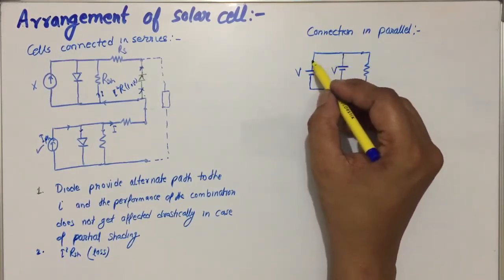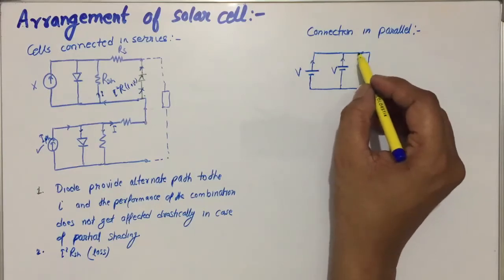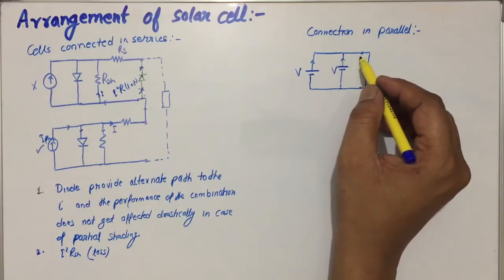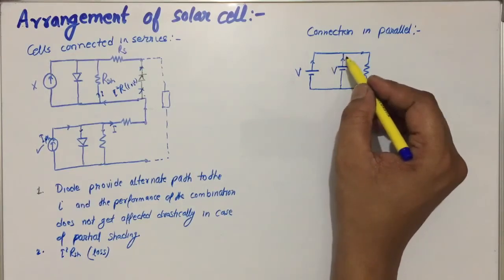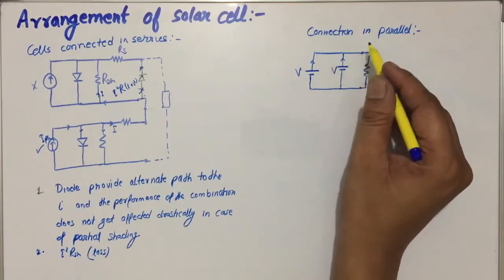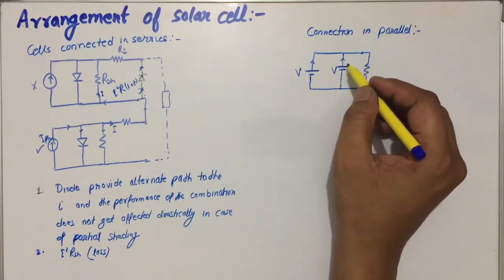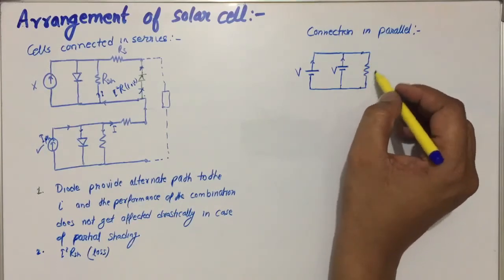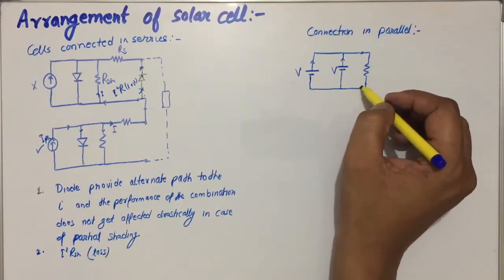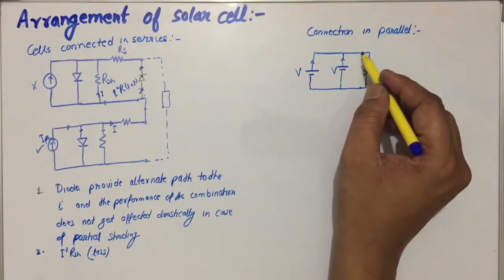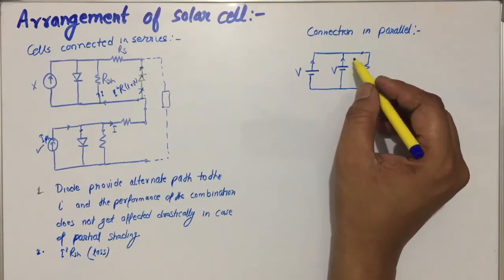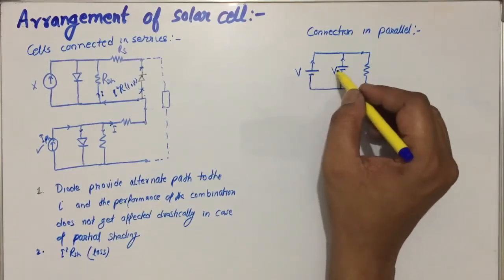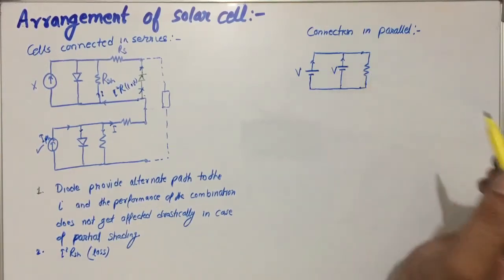They can add up the current, and the current rating of the panel will be increased: I1 from here, I2 from here, it will be I1 plus I2, that is 2I, so the current rating will be increased. But it is very difficult to maintain the voltage of both of them equal, very difficult.